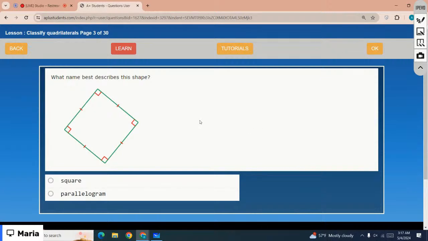The correct option is, yes, that is a square.